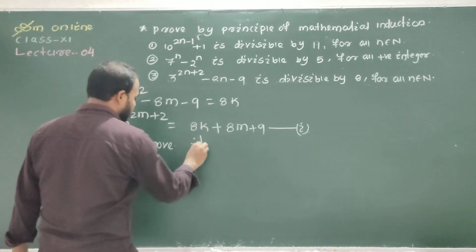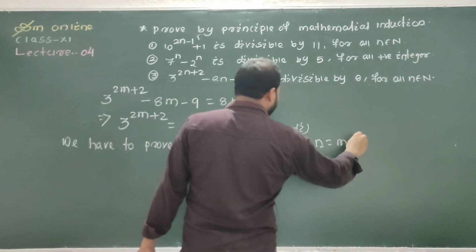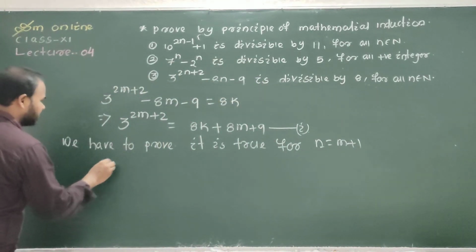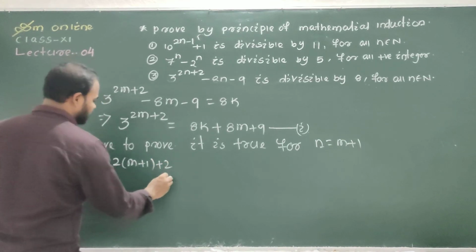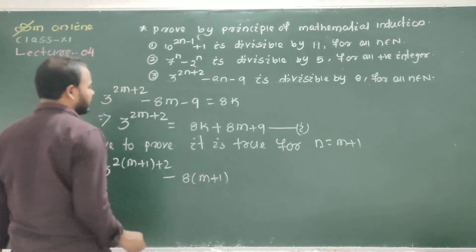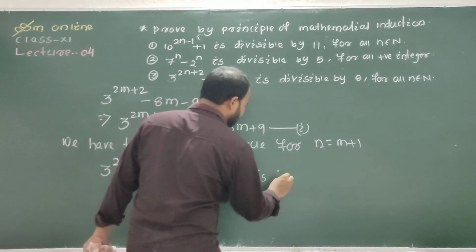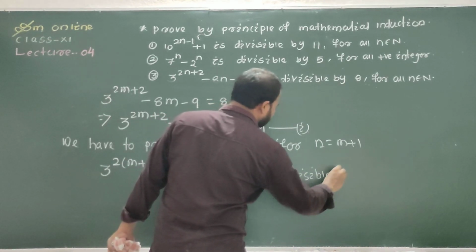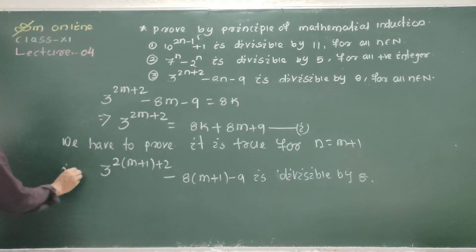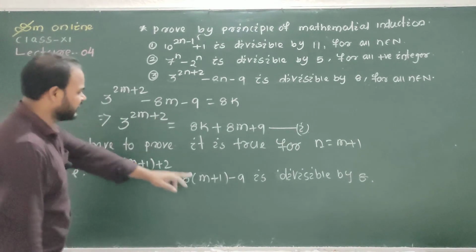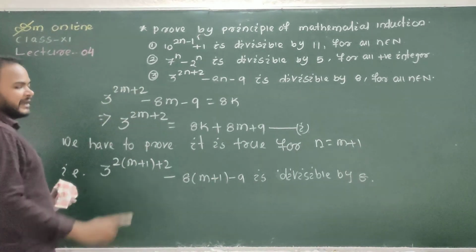For this we have 3 to the power 2 into m plus 1 plus 2 minus 8 into m plus 1 minus 9, and we have to prove it is divisible by 8. Now we have to take the common factor of 8 out.